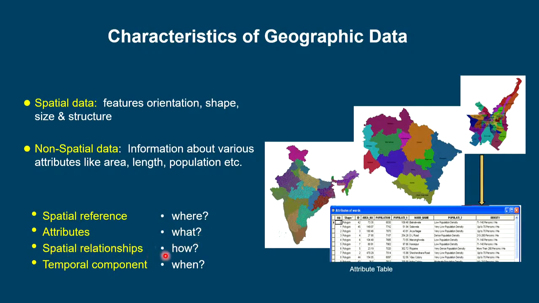Then spatial relationships you can assign, such as how population is related to density, or population is related to ward number, etc. So spatial relationship is linked with the attribute and spatial data sets. And then temporal components you can also assign or link in the computer systems.